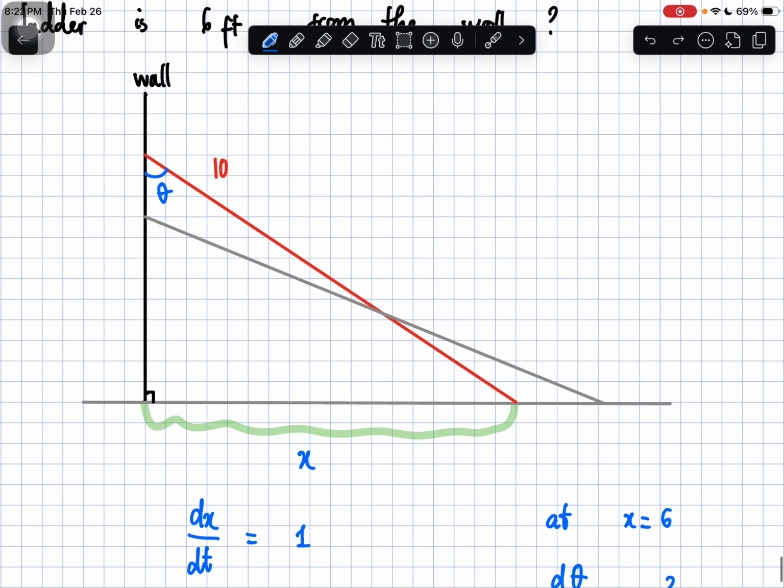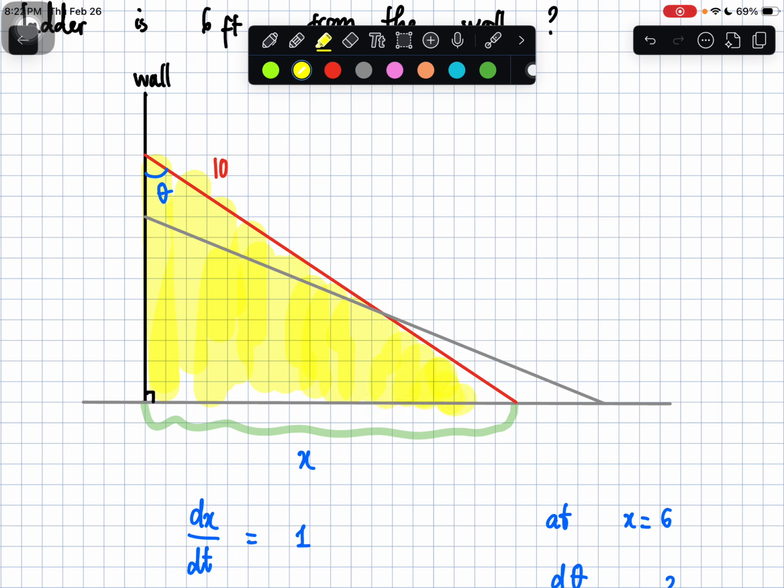So we look at this right triangle. You have this angle theta, and the relation between theta and x is sine theta equals x over 10.